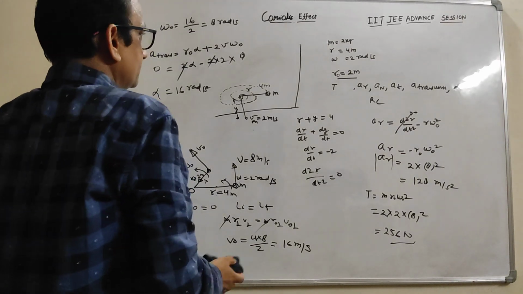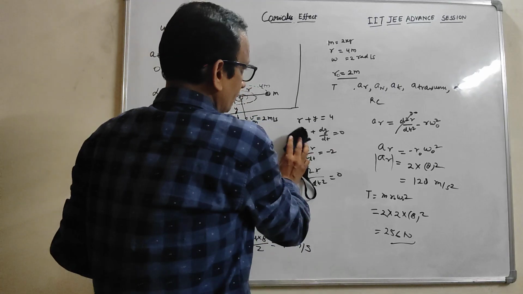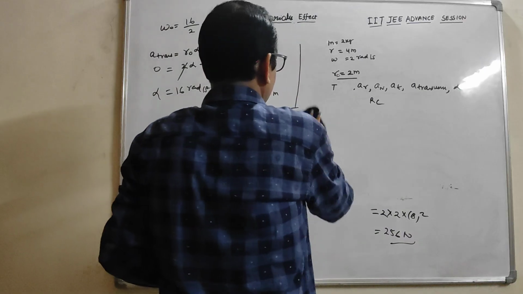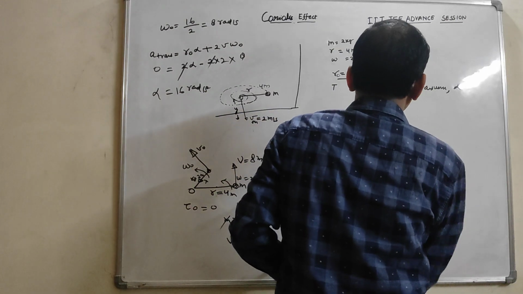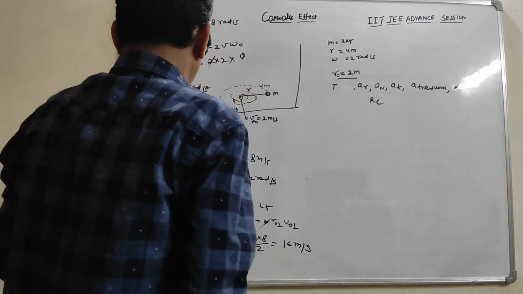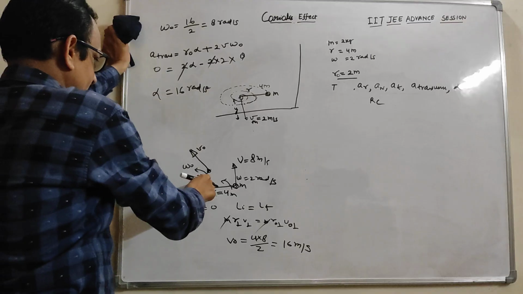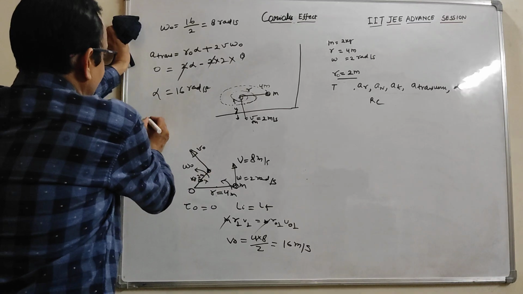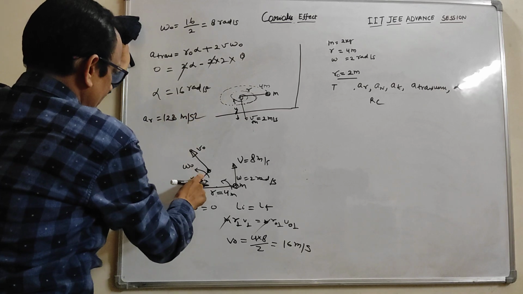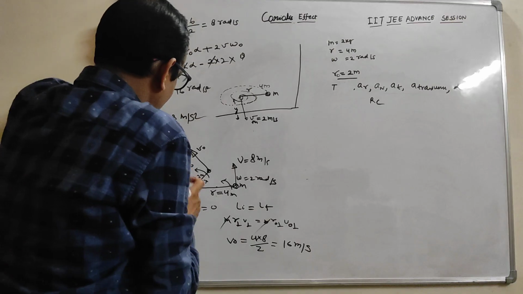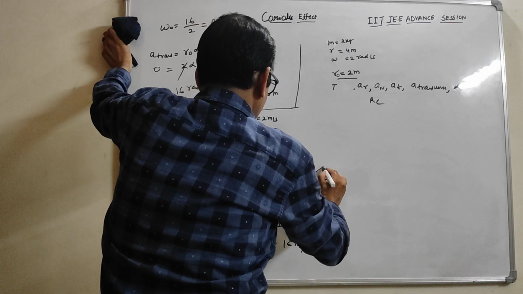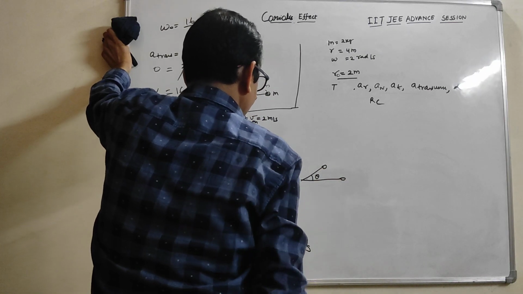So we have calculated here the normal acceleration and tangential acceleration. The centrifugal acceleration a_r is 128 meter per second squared, acting in this direction. So let me redraw it. This angle is suppose theta.